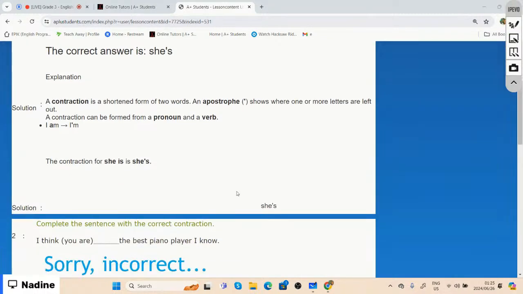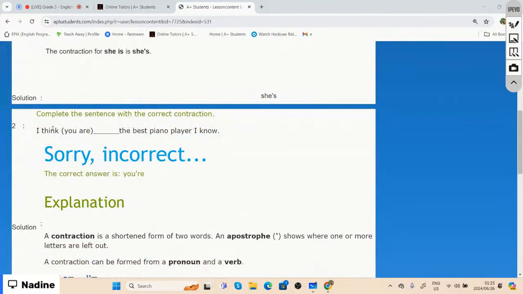Let's look at another one. It says, I think you are the best piano player I know. So you are. We need to shorten those two words. Remember, we keep the pronoun, and the pronoun is you. So I think you are the best piano player.